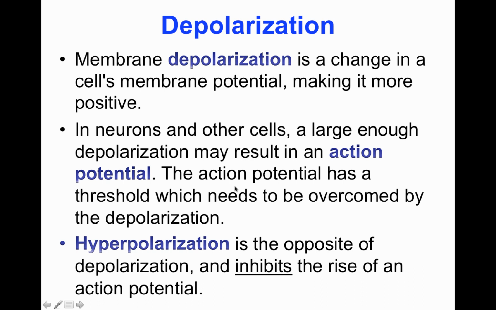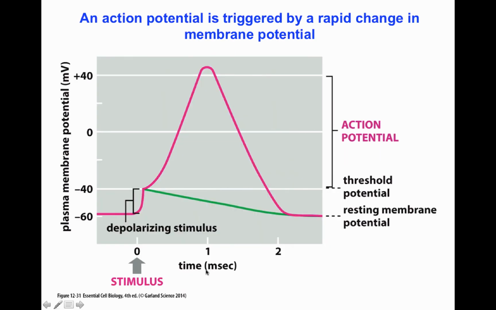On the other hand, you can make the membrane more negative by hyperpolarizing it. That is the opposite of depolarization, and by making it more negative, you can inhibit the rise of an action potential.